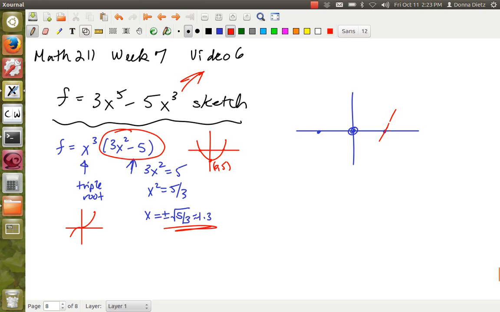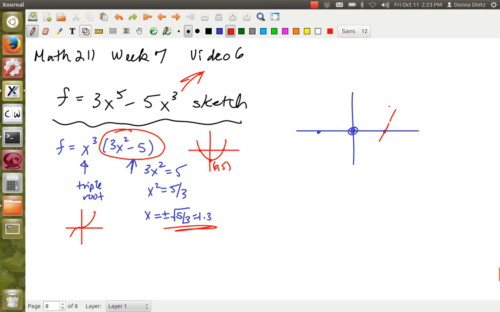You only have an x cubed term and an x to the 5th term, and those are both odd functions. And what that means is any point that's in, let's say, quadrant 1, if you take the whole picture and rotate it about the origin 180 degrees, there's going to be another point over there. All right, so draw this thing, spin it around, and you get the same thing on the other side.